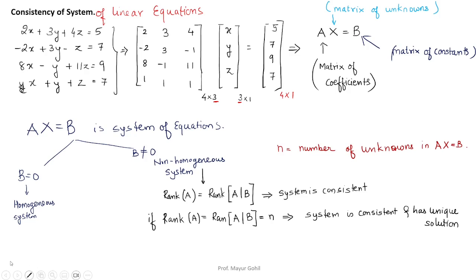Now if rank A is equal to rank of AB, and let's say it is some number r which is less than n, then the system is consistent, of course.